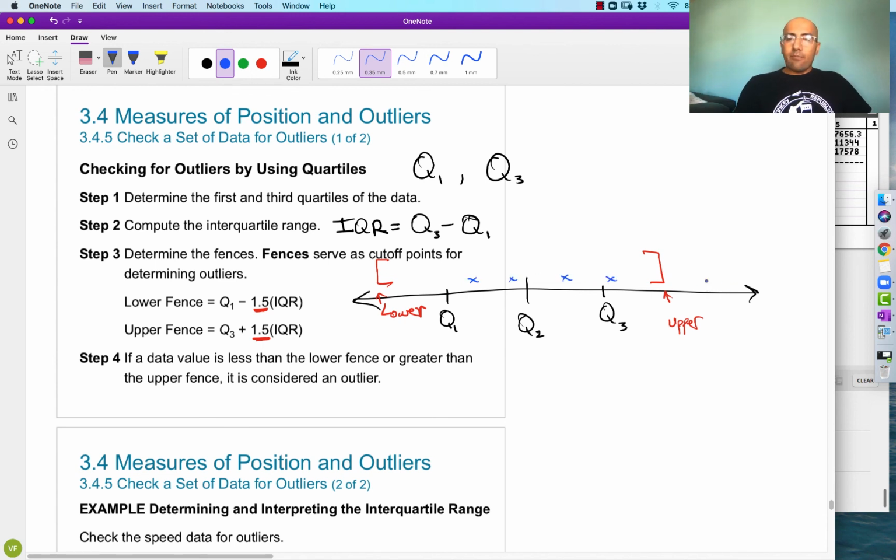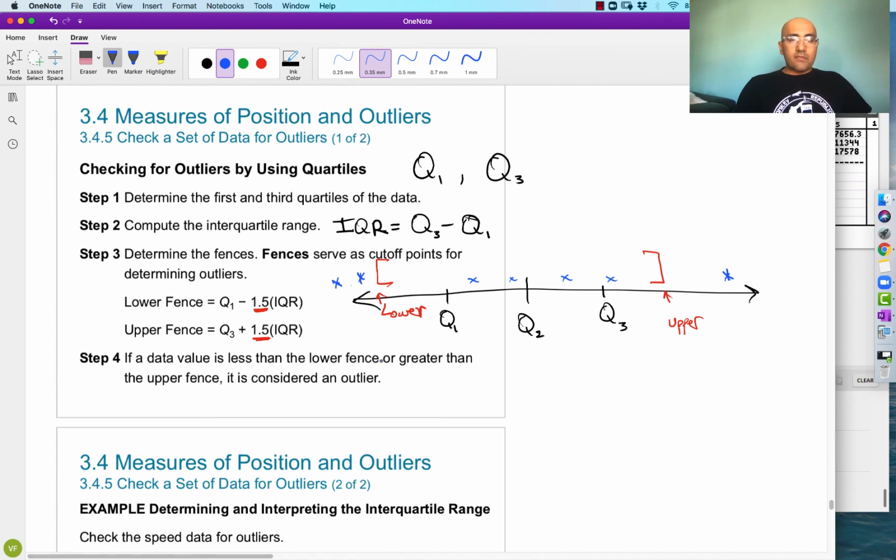If there exists a data point to the right of the upper fence, that one, we can consider it unusually high. So this one's an outlier. Or if we find a data point to the left of the lower fence, like maybe there's more than one, maybe these two, then they would both be outliers. Good?